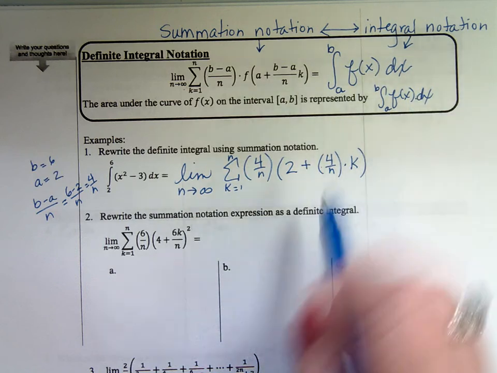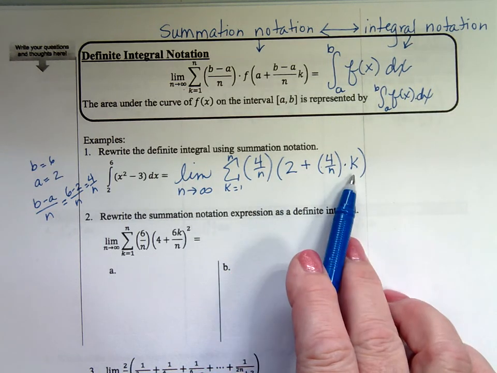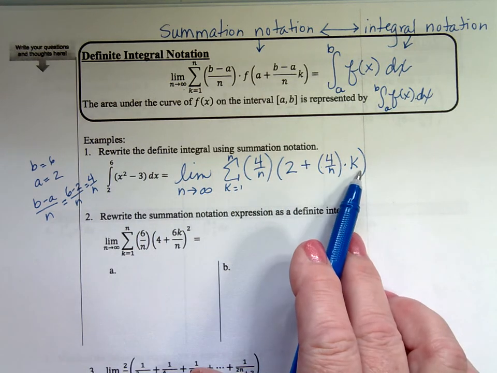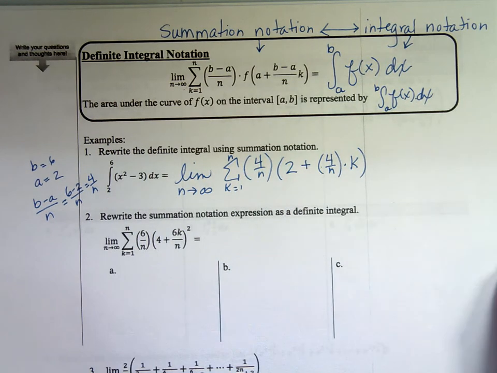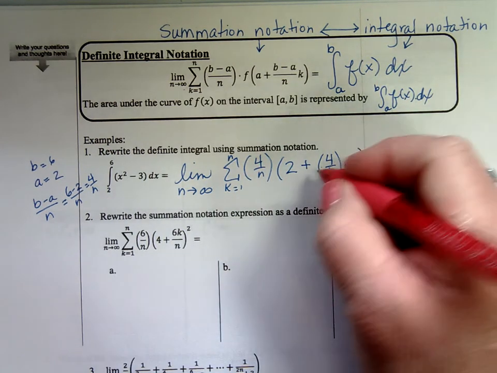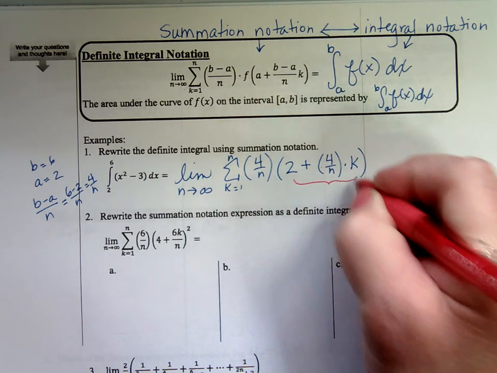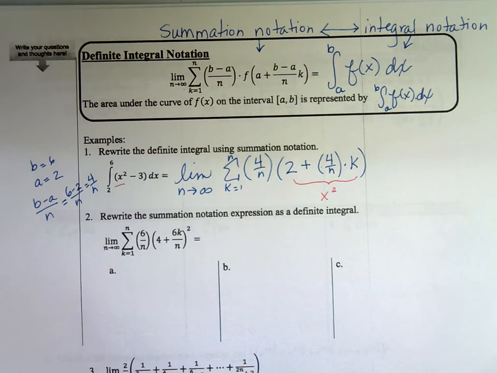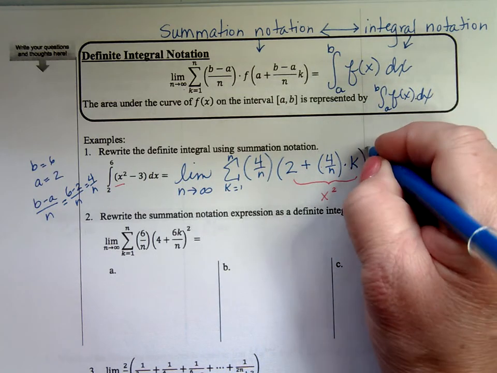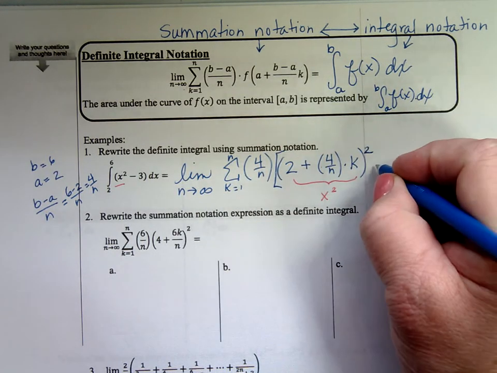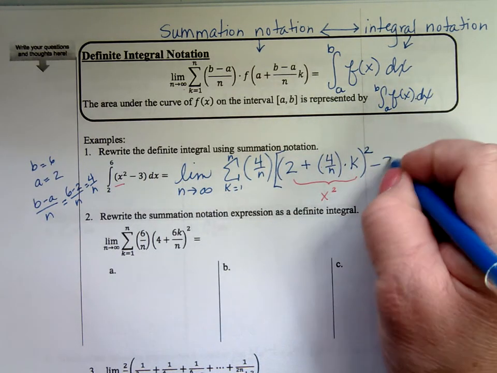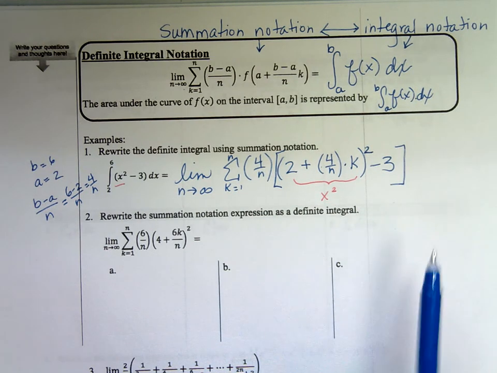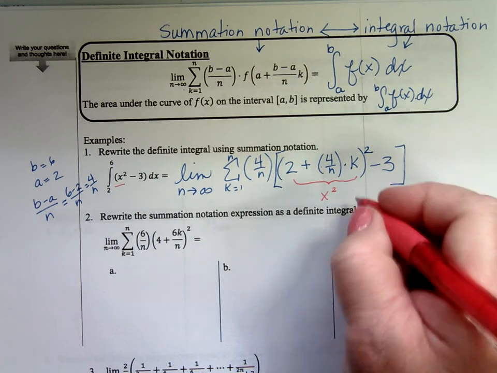This whole thing right here is what I'm going to be doing with this. I'm taking this like my x, so this is like my x squared. I probably should put another set of brackets in. This is my x squared piece, which means I then need to square that quantity. And then I also have a minus 3. So let me finish this out and then I'll see if I can explain it a little bit more. That's my x squared, and then I still need my minus 3 there.